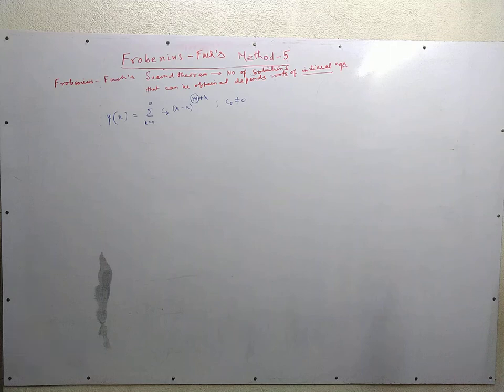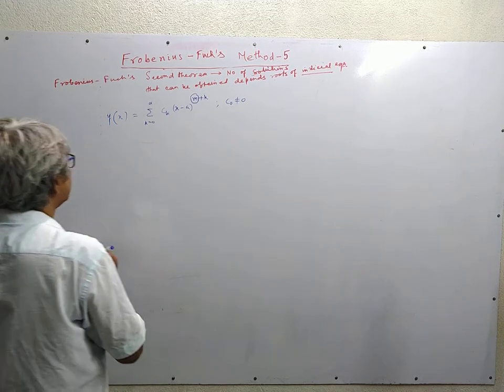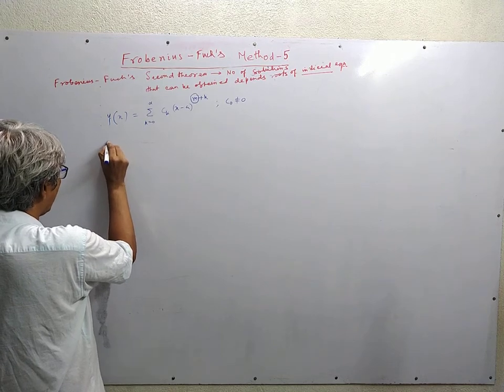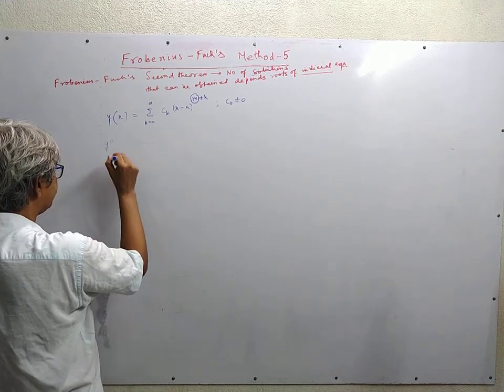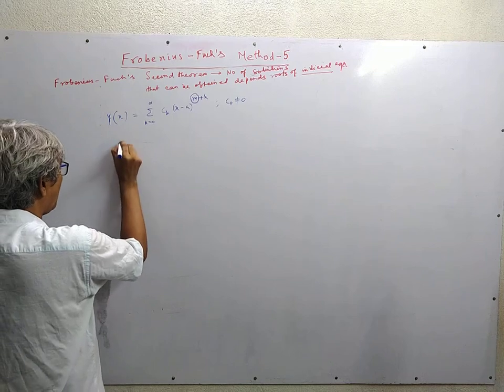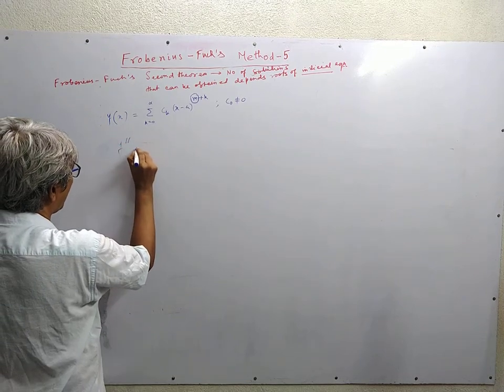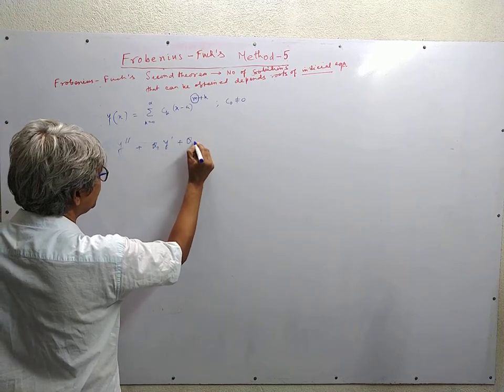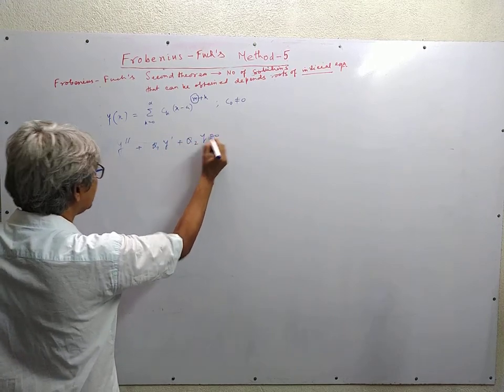And this second theorem is related to this. Before we go into the proper, we first write that let the equation be in the form y double prime plus q1 y prime plus q2 y is equal to 0.